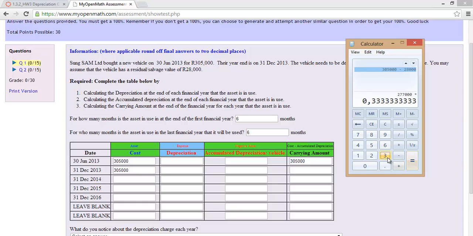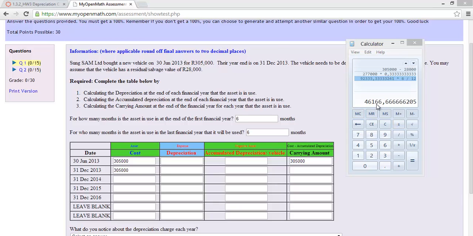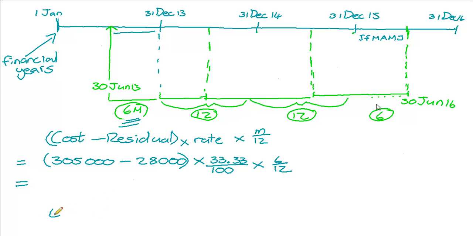And I'm going to get an answer which is 92,333. And this answer I'm going to multiply by 6 divided by 12. And that's going to give me 46,166.67. So the answer here is 46,166.67.